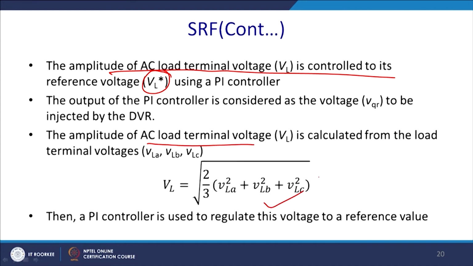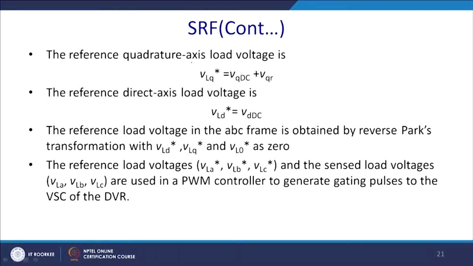Then a PI controller is used to regulate the reference voltage value. The SRF will have a quadrature component and a direct axis component. The reference load voltage in the ABC frame is obtained by the reverse Parks transformation with VLD star and VQ star, and the zero sequence component is set to 0.